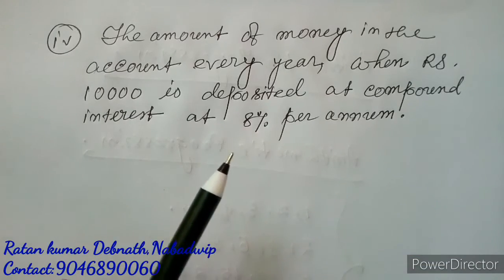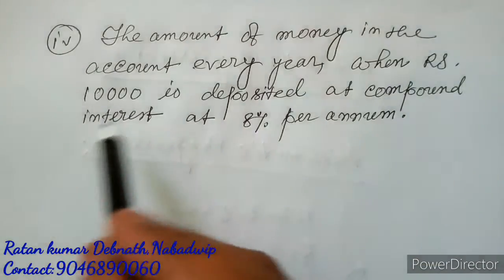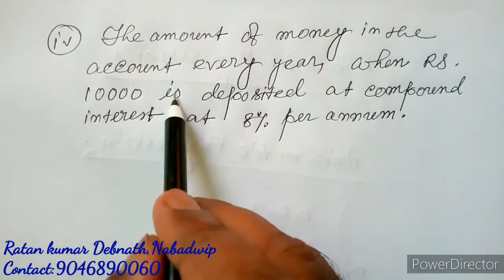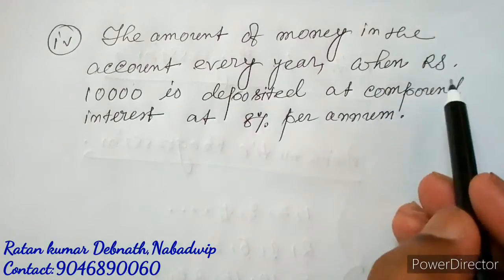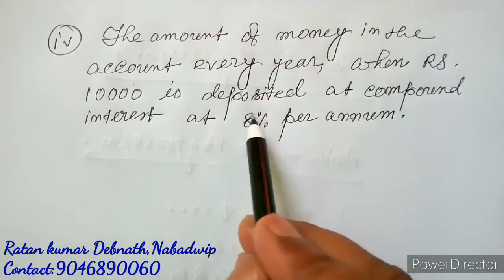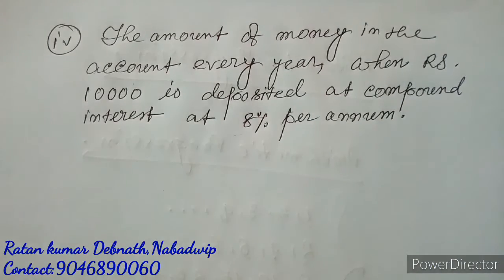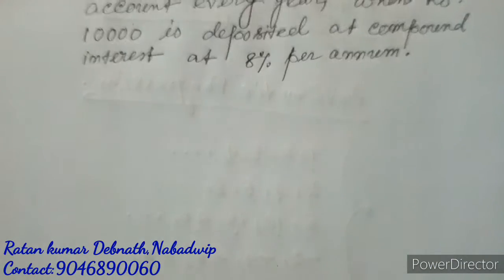Situation 4, that is question number 4. The amount of money in the account every year when rupees 10,000 is deposited at compound interest at 8% per annum.